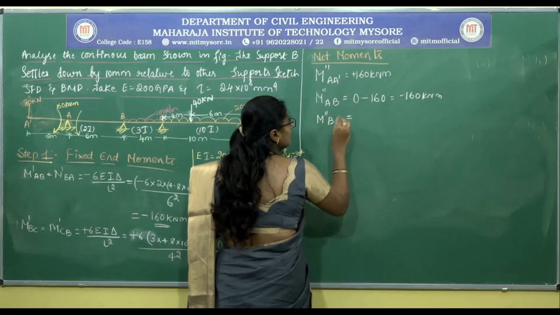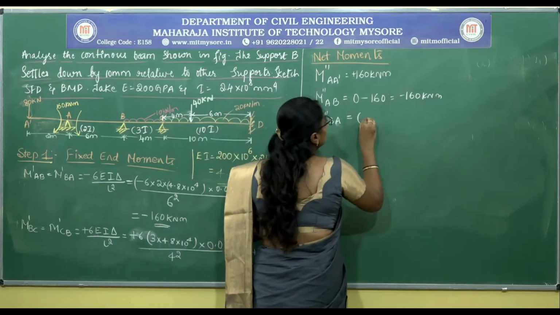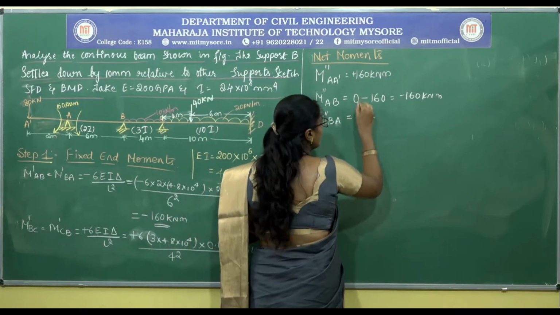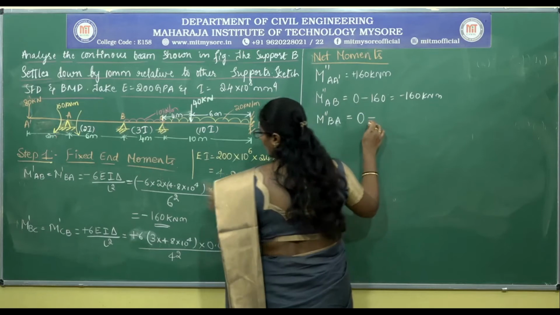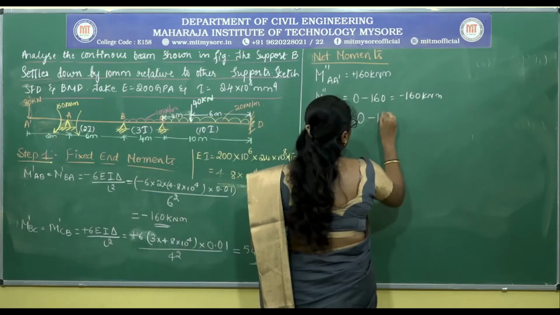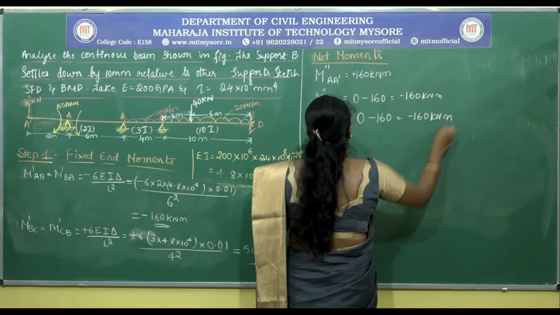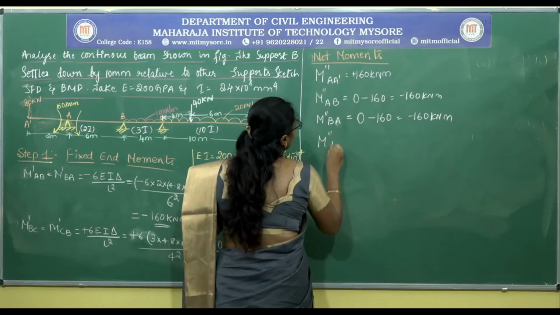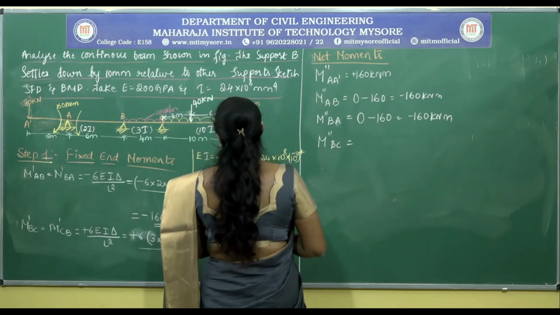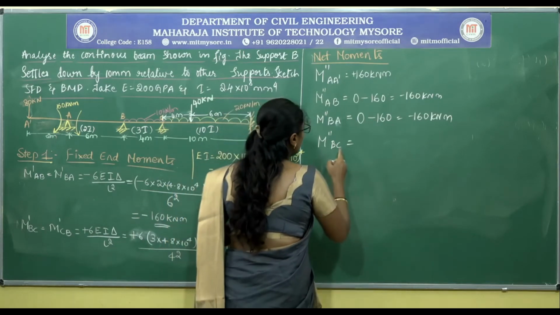Then M double dash BA, even here there is no load acting, MF BA is 0 and M dash BA is again minus 160, which will give you minus 160. Then M double dash BC. So what is MF BC?